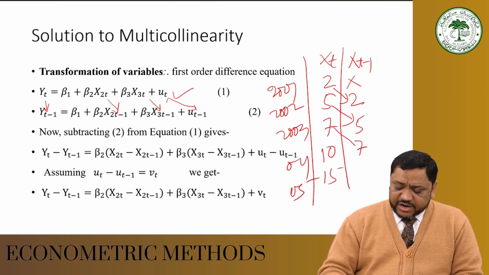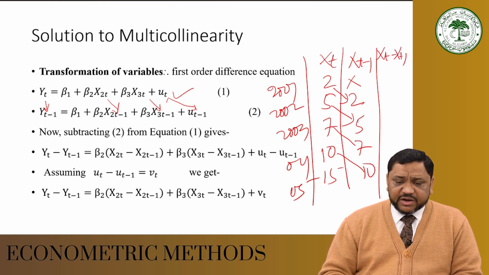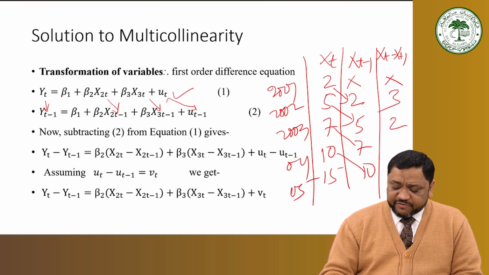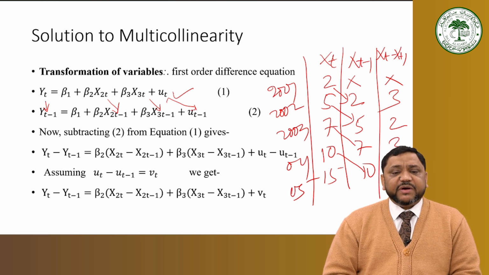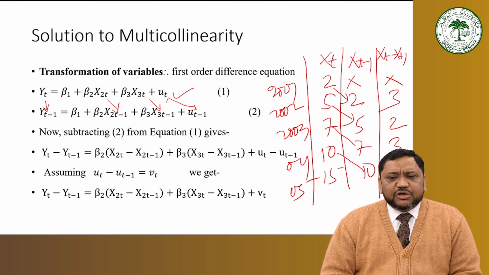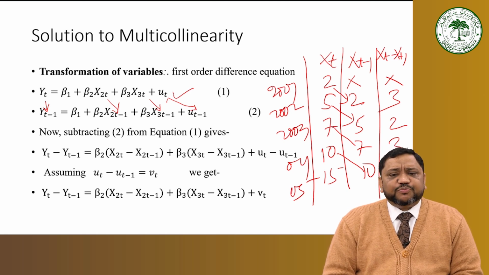This 7 you write over here, this 10 over here, and you create another variable xt minus 1. The first entry is empty, we will ignore it. Then 5 minus 2 is 3, 7 minus 5 is 2, 10 minus 7 is 3 and 15 minus 10 is 5. So this is one way of minimizing the dependence, to proceed with this first order difference equation.